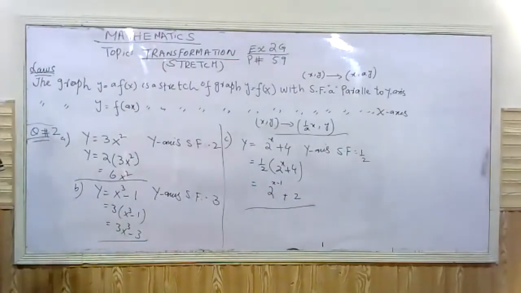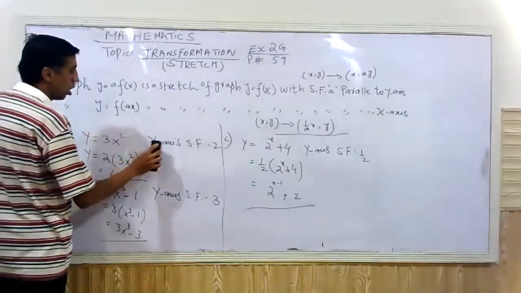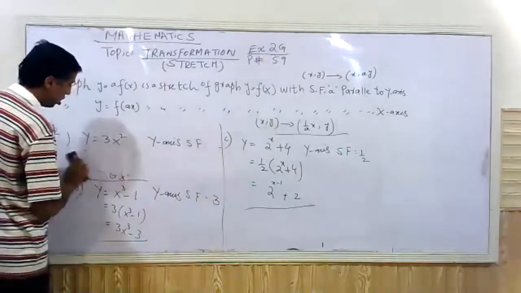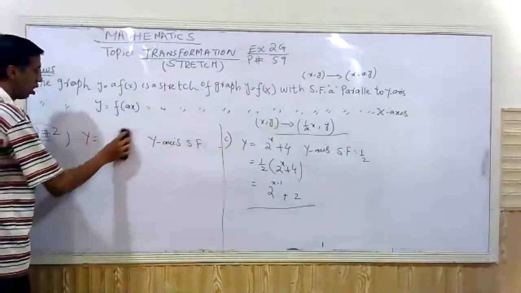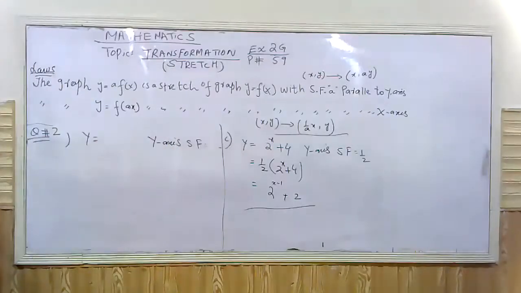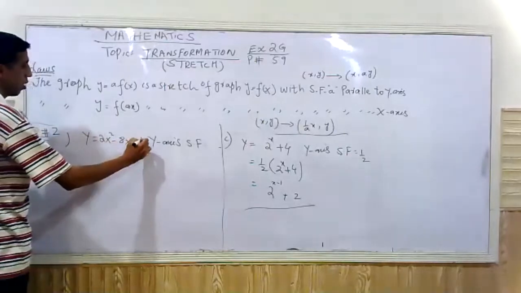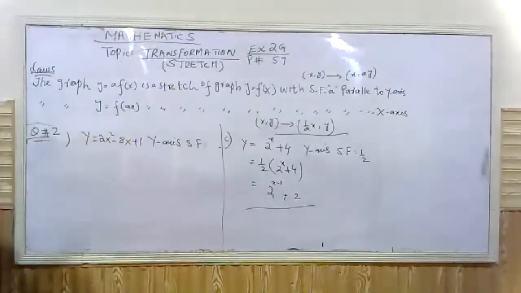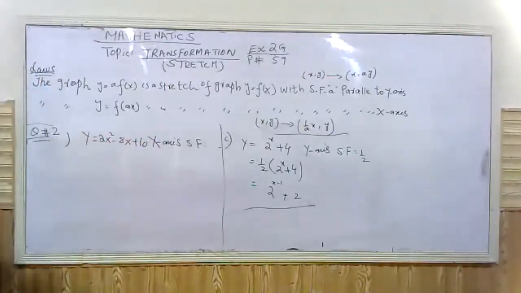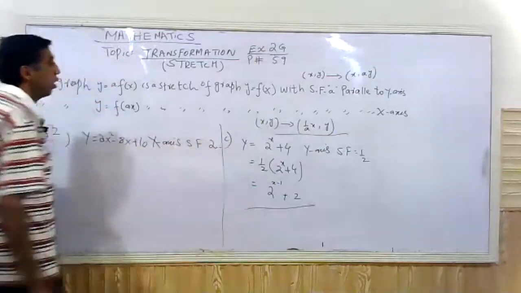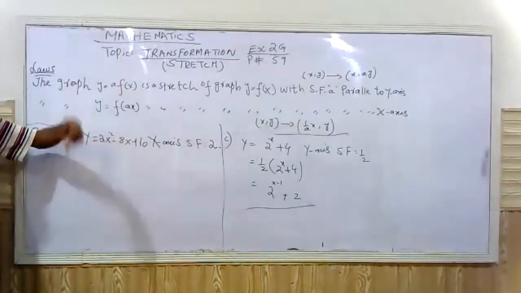Now the D part. 2x squared minus 8x plus 10. Here it is parallel to the x-axis and its stretch factor is 2. For the x-axis, we have to replace x with x over a.